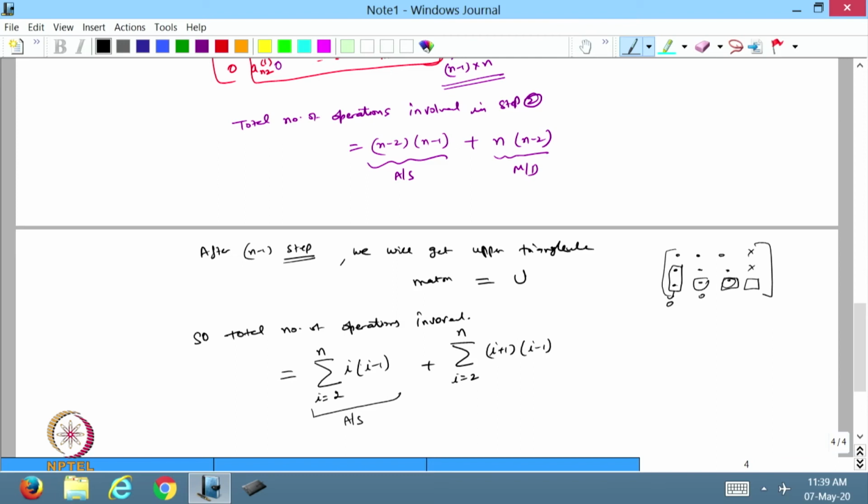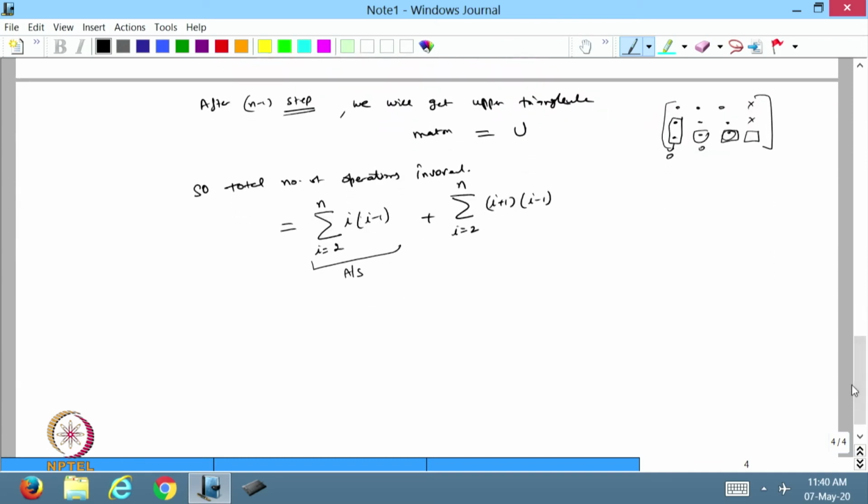So, when i is equal to n, it is n plus 1 into n minus 1, then n minus 1, it will be n minus 2, so on it will keep going. From here I can write, so this is the total number of steps involved in multiplication or division.